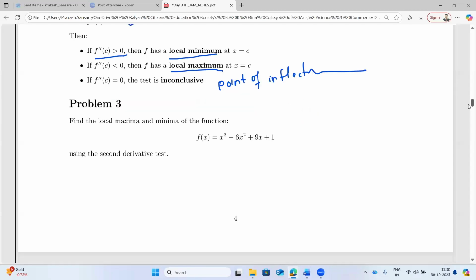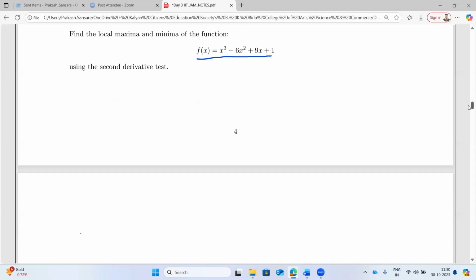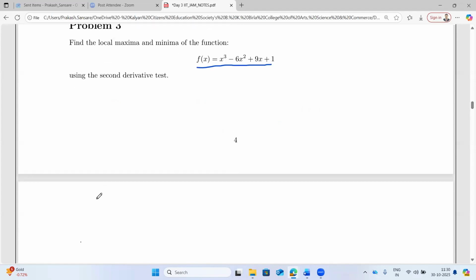Now the question is: find the local maxima and minima of the function f of x is equal to x cube minus 6x square plus 9x plus 1 using the second derivative test. So let's do this. My f dash x is 3x square minus 12x plus 9, which is the same as, let me take 3 out, x square minus 4x plus 3.